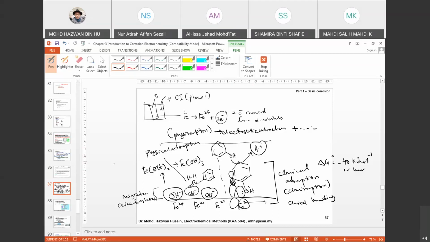And before that, you should also remember that for physical adsorption, the delta G value should be minus 20 kilojoule per mole or higher. Higher means more positive. Okay? Minus 10, 0, positive 10. So if you calculate the delta G and you get around minus 20, then you know that the inhibition process is basically physical adsorption.